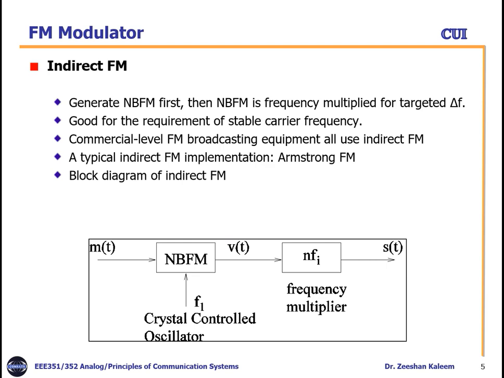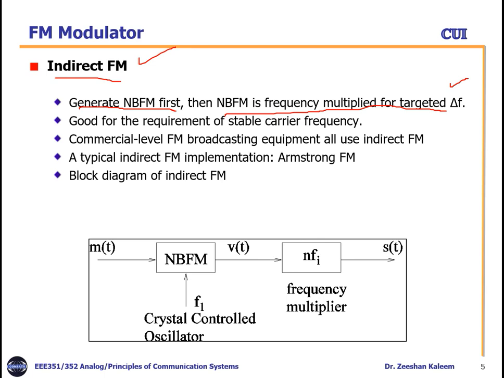Now let's move to the indirect method. This is a very practical method, and in current systems, most systems have adopted the indirect FM method. So how does it work? First of all, we need to generate narrowband FM, and then it is multiplied by some factor to achieve the targeted delta f, meaning the frequency deviation, and the carrier frequency.